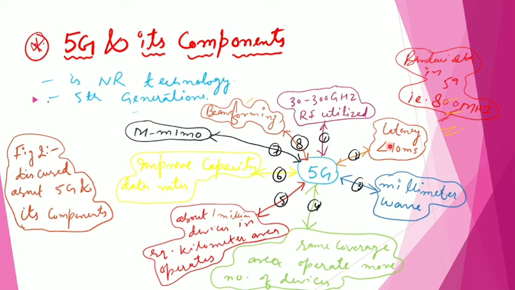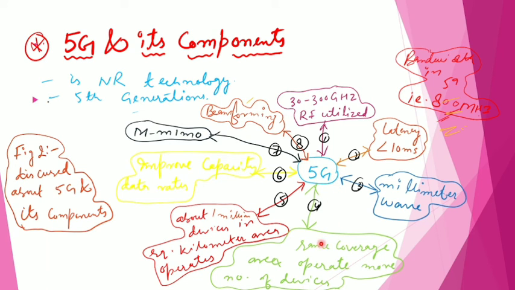Latency in 5G is less than 10 milliseconds, but in 4G it is 20 to 30 milliseconds. The 4G waves are transmitted over a kilometer distance, but in 5G this is a millimeter wave distance. The wavelength of 4G is greater than 5G, and in 5G the wavelength is lesser than 4G. So the frequency range of 4G is less than 5G, but the frequency band of 5G is greater than 4G.